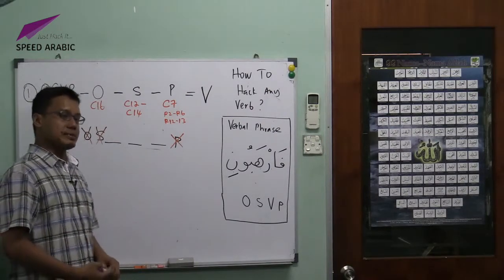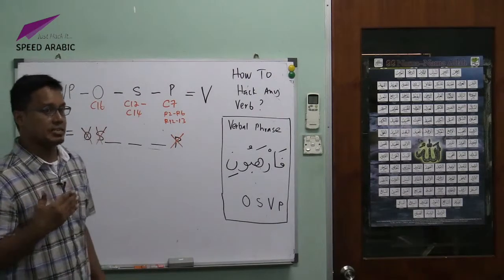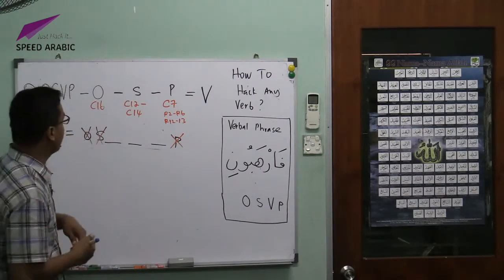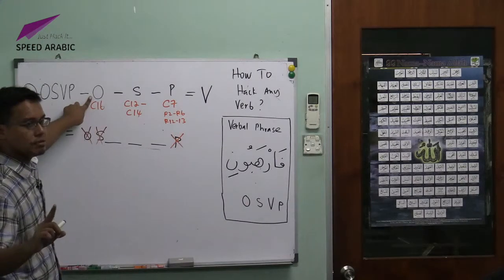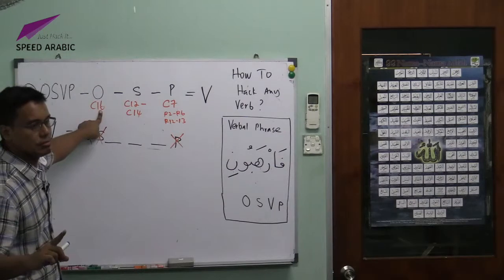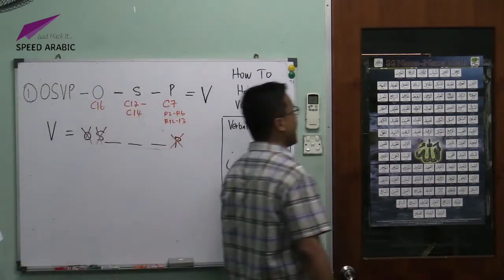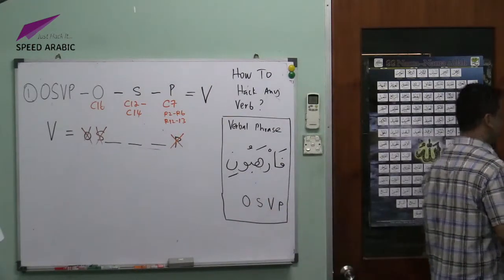You see something at the back? You see a knee, okay? Remember, object, which column? 16. So just look at column 16. Is there any object pronoun there?